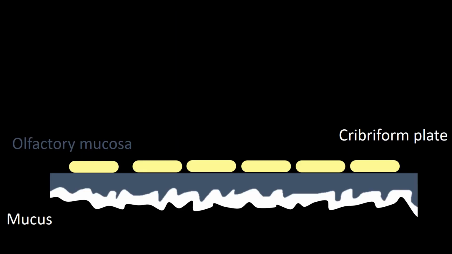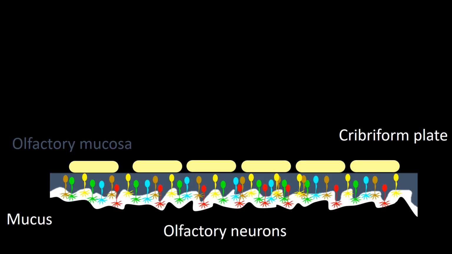This is a cartoonish representation of these structures. Cribriform plate, olfactory mucosa, and mucus. The mucus is the product of the secretion of epithelial cells and glands of Bowman. I have now added the body, dendrite, and immobile cilia of multiple olfactory neurons.